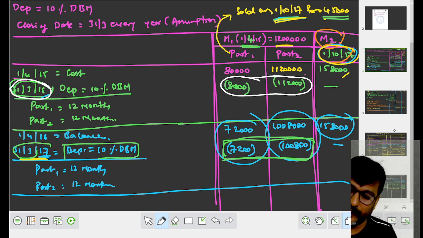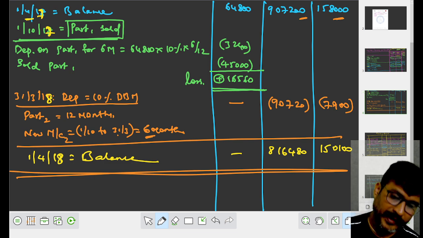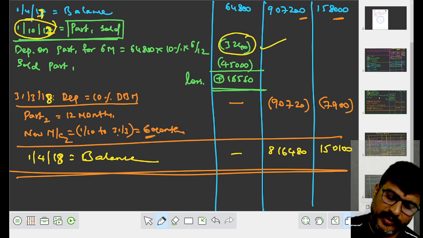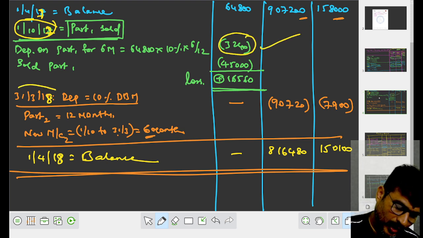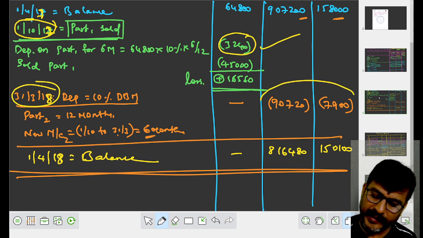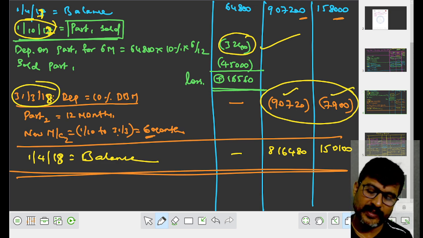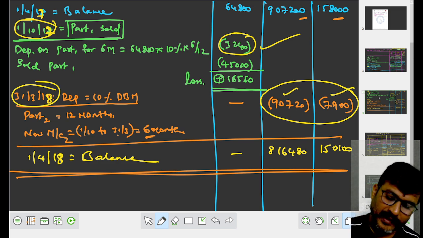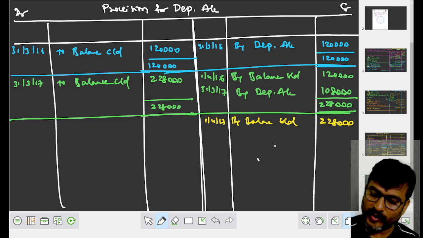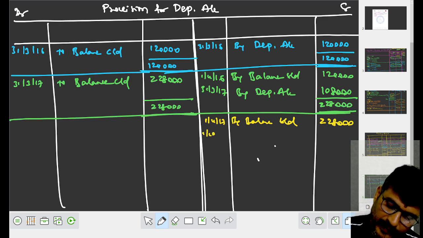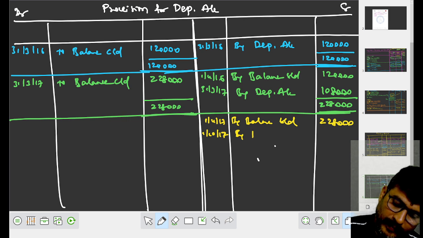In the third year, this is the third year, right? On October 17, there is a depreciation of 3,240. On March 18, there is a depreciation on part 2 under new machinery. These depreciations are to be taken on the credit side. 3,240 on 1st October, by depreciation account 3,240.